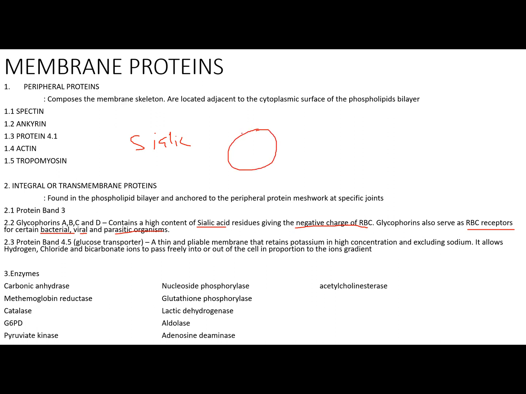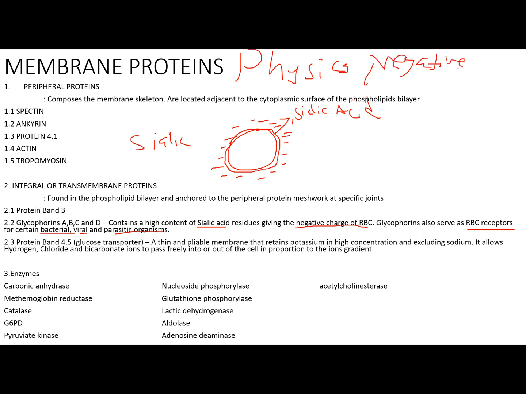So, kunwari ito yung red blood cells nyo, class. Found on the surface dito, sa bilayer na to, is the sialic acid. Due to this sialic acid, the RBC would get a negative charge. And if you still remember, kung nagkaroon kayo ng physics na subject, it states there that negative charge would repel negative charge, or the same charge would repel one another.